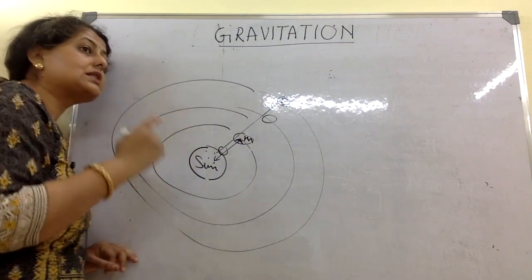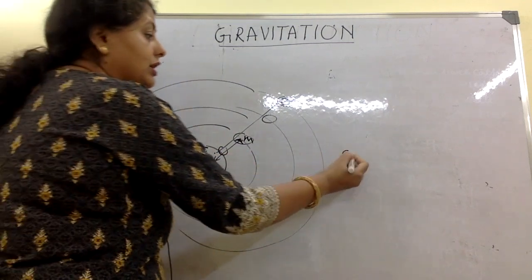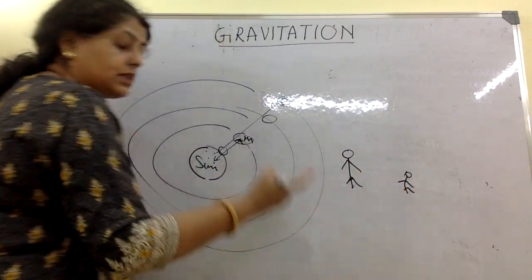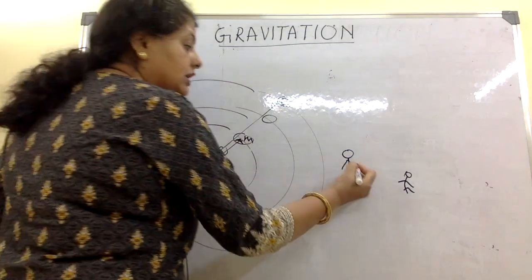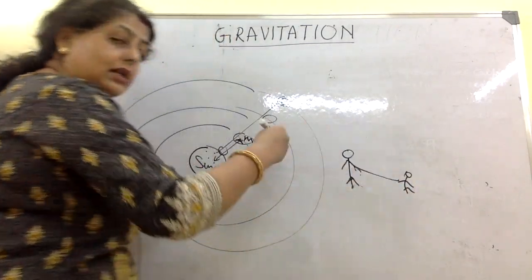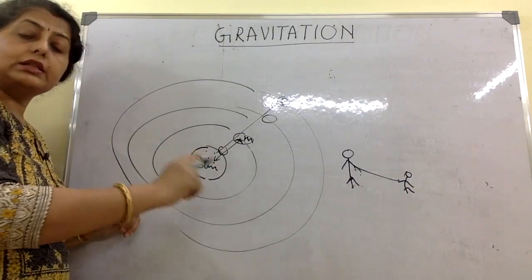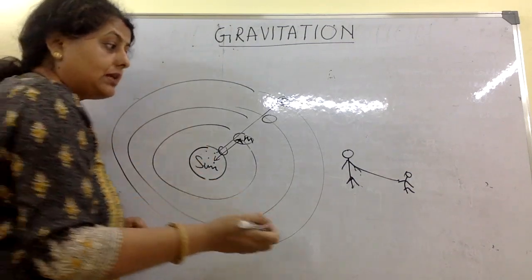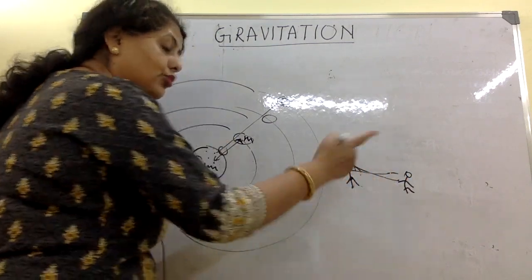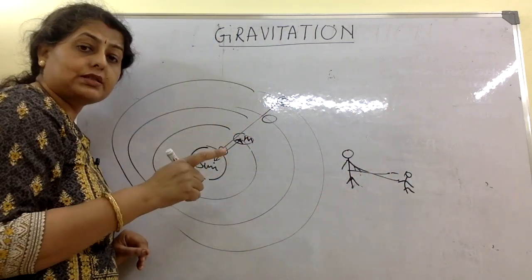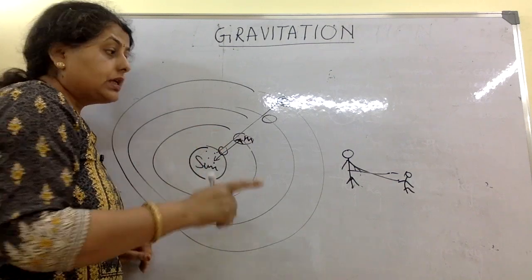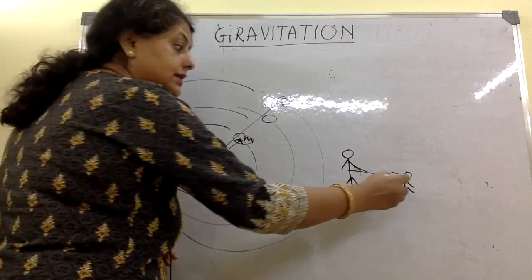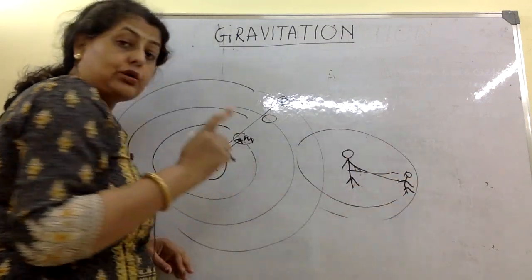You can compare this with two children: one small kid and a big person. Both are holding hands and moving in circles. Sometimes they play like this, holding hands and moving round and round. The smaller one goes around the bigger one.